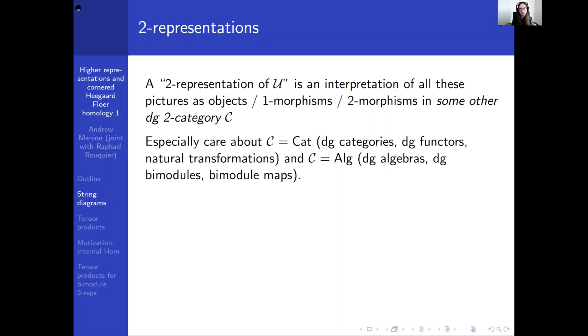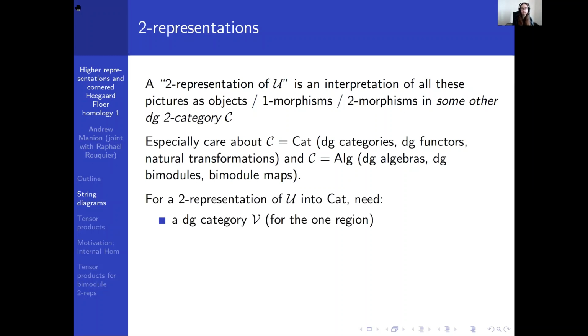The operations I'm going to define use essentially that in the first case we're looking at two representations into Cat, and in the second case that we're looking at two representations into Alg. So it'll make use of what Cat and Alg are. It's not an operation that makes sense for two representations of this U into an arbitrary two category C. So that's something to keep in mind, and it means there are going to be some aspects that are not entirely pictorial here.